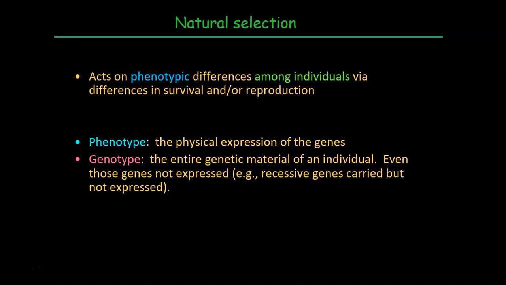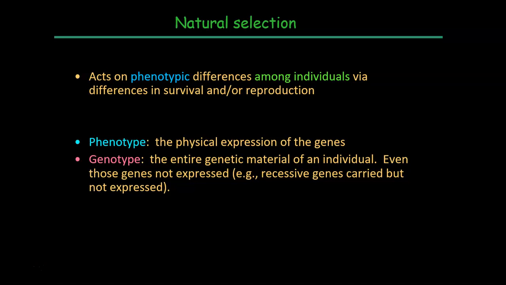All right. Now, natural selection does not work on genotypes because genotypes are just the DNA. And remember, you get 2 alleles, one from each parent, for any particular gene. And if you have a different allele from your mom than the one you get from your dad, then one of those is not going to be expressed.